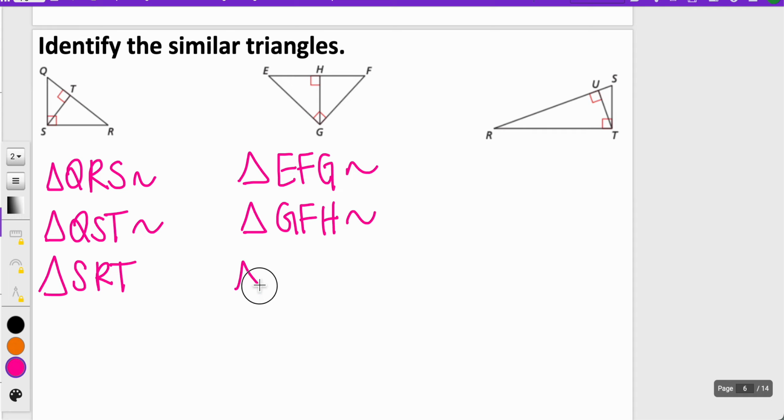And then the final triangle is EGH. Okay, so really the last letter we're getting to is this letter H, because it's showing that altitude connecting from the hypotenuse.